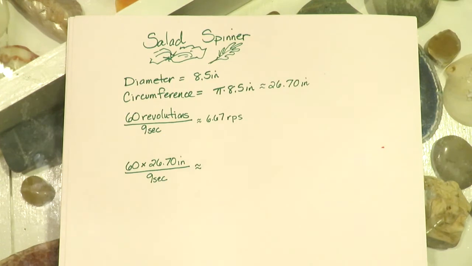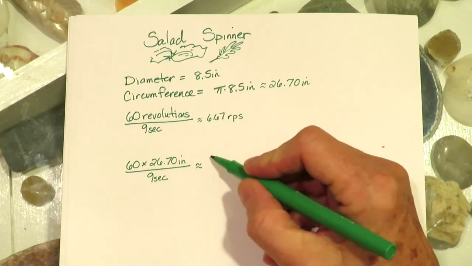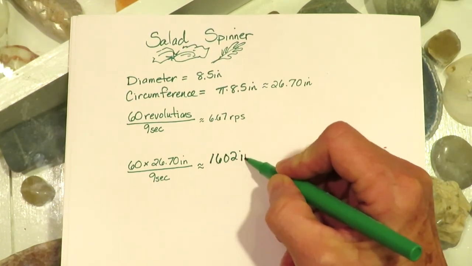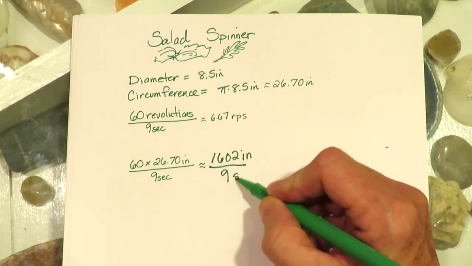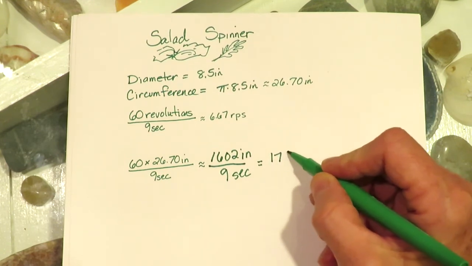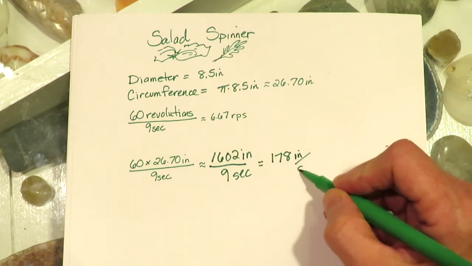If we multiply the 60 by 26.7, we get 1,602. That's how many inches per 9 seconds. And if you reduce that, you get a linear speed of 178 inches per second.